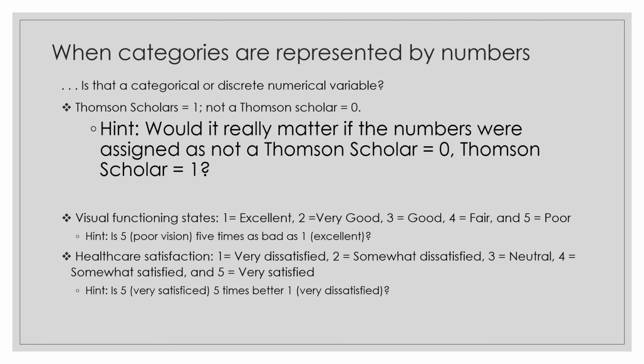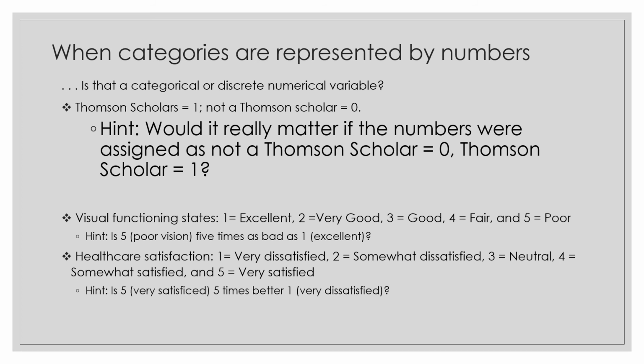For instance, at my institution, a student can be either a Thomson Scholar or not. And when you collect data, we can assign the number 1 to the person who indicates that he or she is a Thomson Scholar. And we can assign the number 0 to the student who indicated that he or she is not a Thomson Scholar.